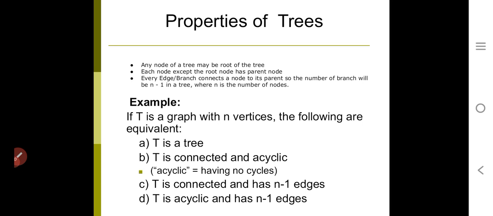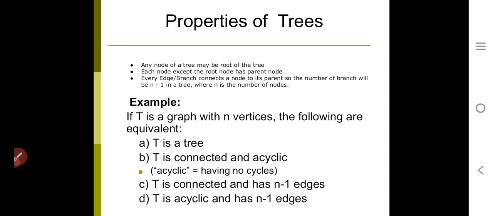Then property 2: any node of a tree can be made the root of the tree. So every vertex of a tree makes another tree or it is the root of the tree. Then each node except the root node has a parent node.